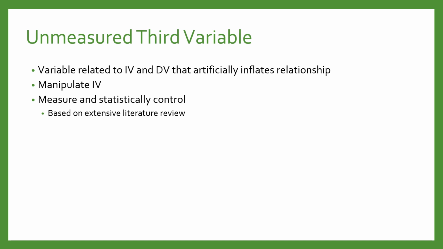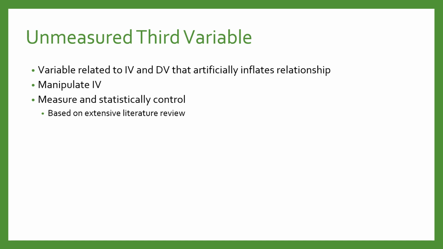So there's a couple of ways to get around this unmeasured third variable. One is manipulate the independent variable, right? That way, especially if you do random assignment to conditions, you're kind of controlling for those variations in things that are related to your independent variable. So manipulating the independent variable is nice because it doesn't rely on just naturally observing the relationship between variables, which can be related to a lot of other things.